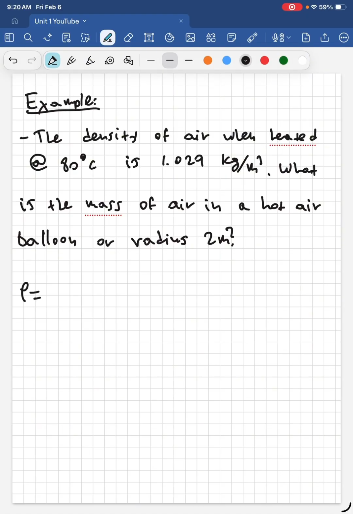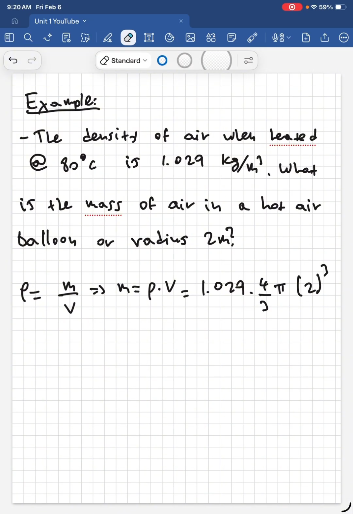So the density is mass over volume. So mass is density times volume. So 1.029, which is the density, times 4/3 pi, and then the radius cubed. Okay.